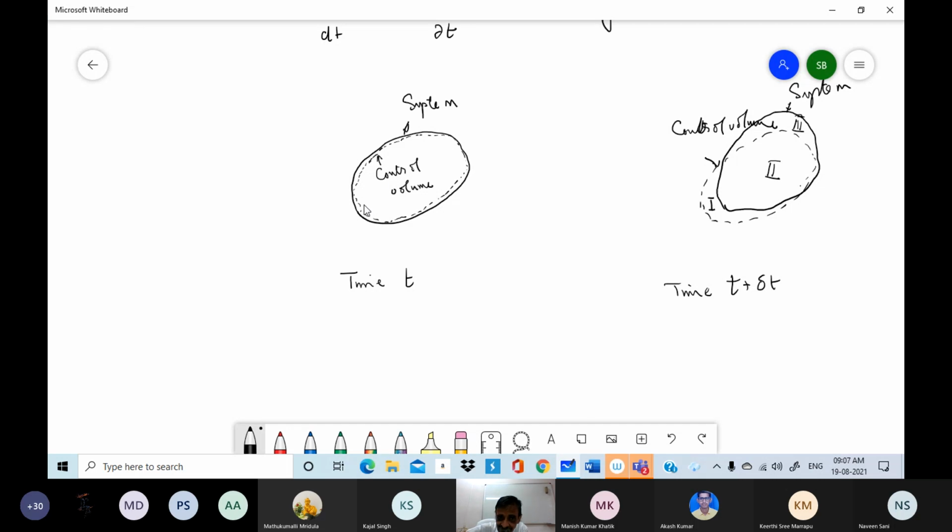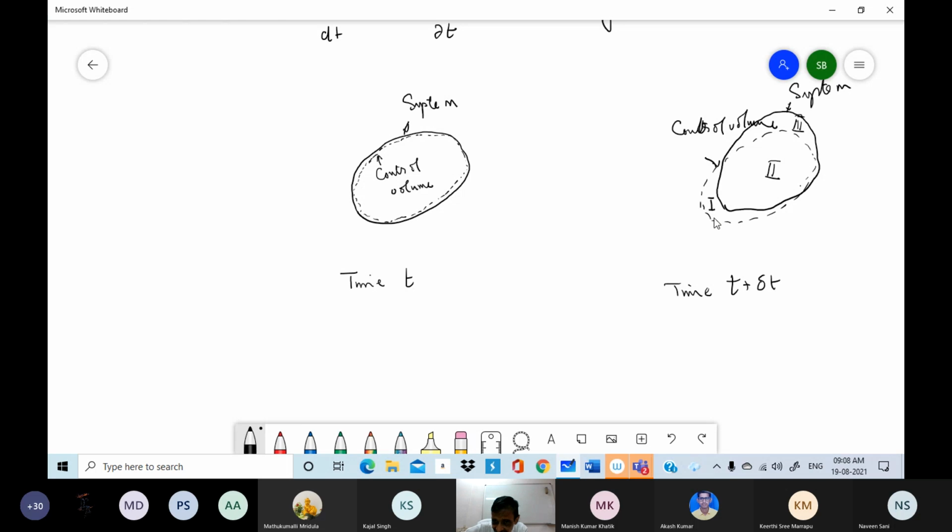So then the system boundary will move with the velocity of the material. So the system has moved to this location. So then at time t plus delta t, if I see the system, in some places it has moved out, in some places it has moved in. So I denote the regions as 1, 2, and 3.